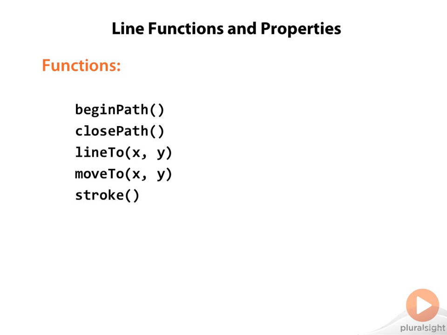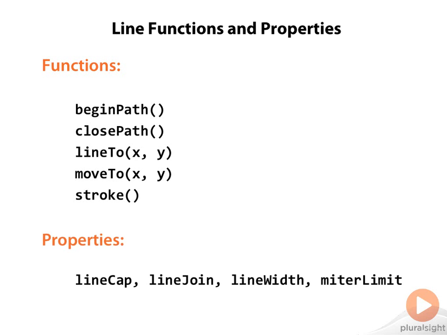And 0, 0, of course, would be the upper left-hand corner, but we might want to move over, say, 100 on the x and 100 on the y, and that would be where we're going to start drawing from. Then we might want to draw a line to maybe 200 on the x and 100 on the y, and that would draw a straight line across. So that's the kind of functionality that we're going to be adding here.